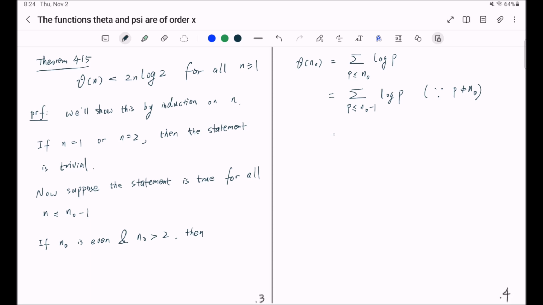And now we are ready to use the induction hypothesis. By the induction hypothesis, this is less than or equal to 2 times n naught minus 1 times log of 2, which is less than 2 times n naught times log of 2. And this completes the proof when n naught is even.